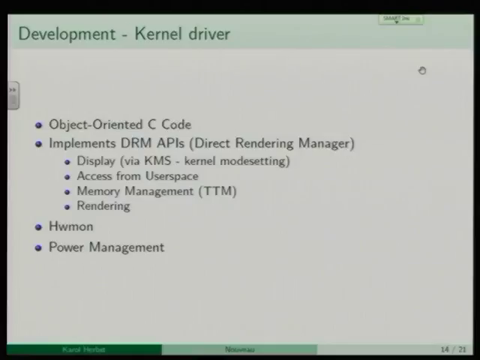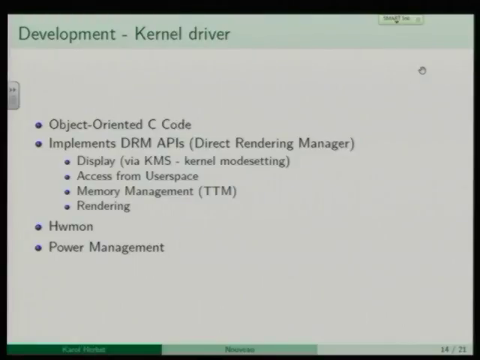A big part of it is implementing the KMS interface. In the past you were actually setting the resolution of your display in user space, or in the X server or something like this. So you had your Linux console in a crappy resolution, but everything in X was fine in the native one.